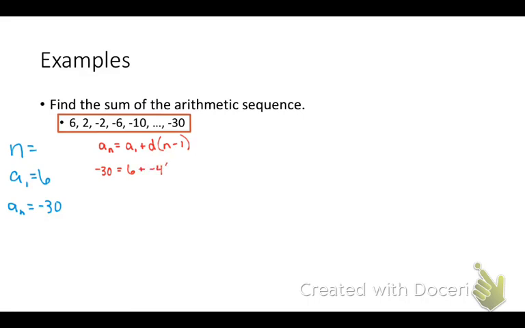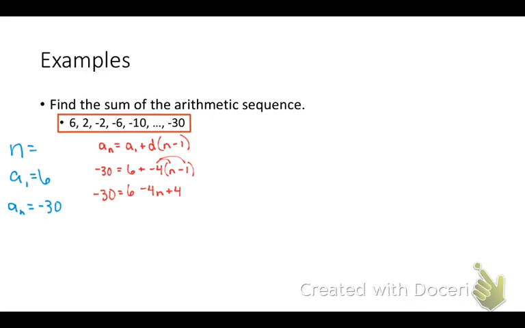So I'm going to take negative 30 equals 6 plus, what's my common difference? Negative 4 times n minus 1. I'm just solving for n here. So I'm going to distribute the negative 4. So I'm going to have 6 minus 4n plus 4, equals negative 30.